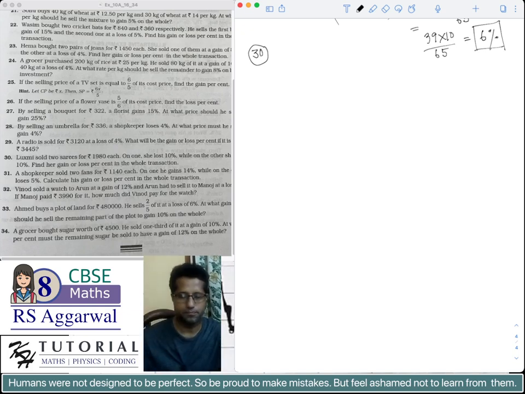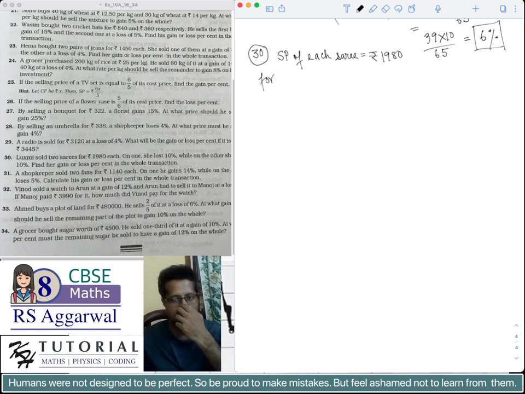So the SP of each saree is given to be 1980.